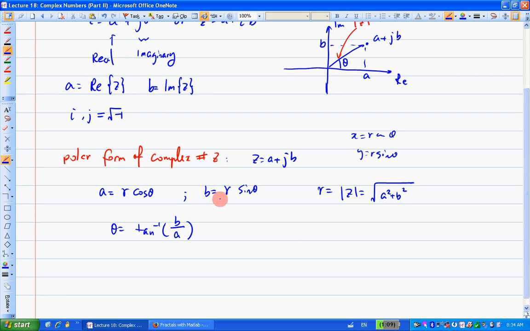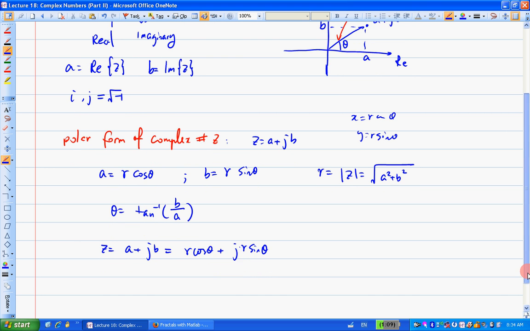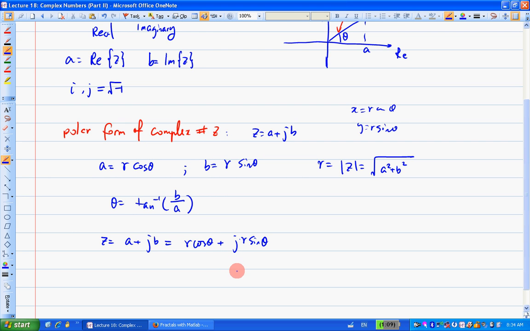So if I want to express z not in terms of a and b, my z can be expressed as a plus jb, so a plus jb can become, with a being r cosine theta and b being r sine theta, a slightly different way of expressing this complex number using r and theta.